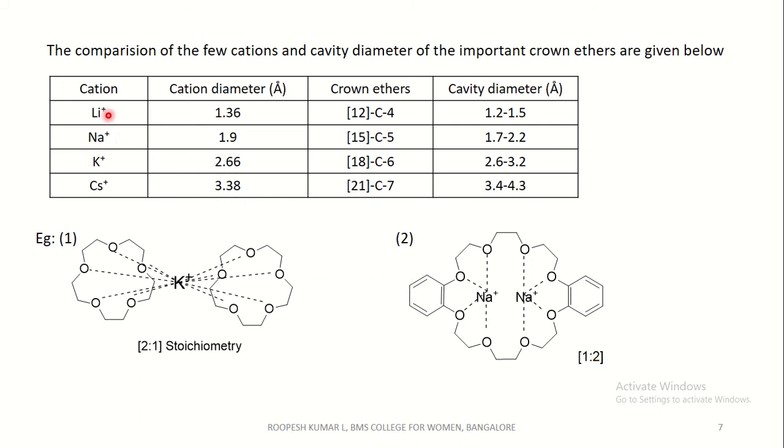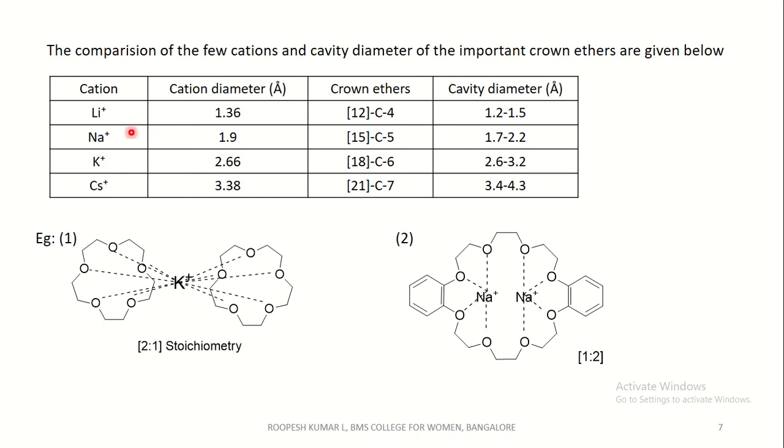You can see a lithium ion has a cation diameter of 1.36 Angstrom, whereas the 12-crown-4 has a cavity diameter of 1.2 to 1.5.